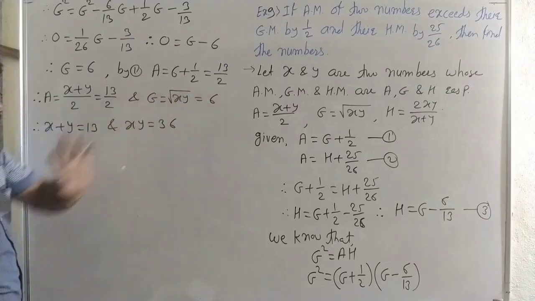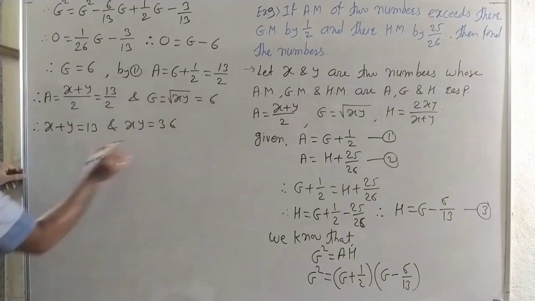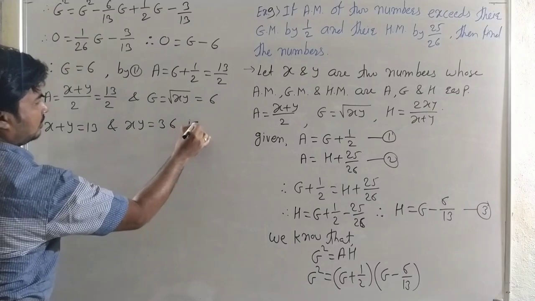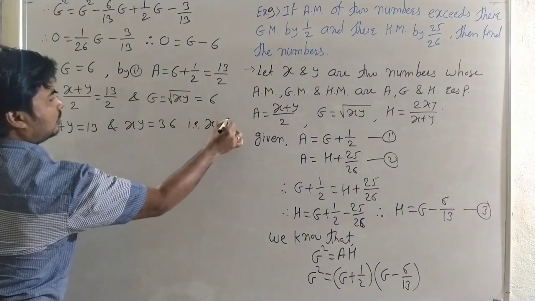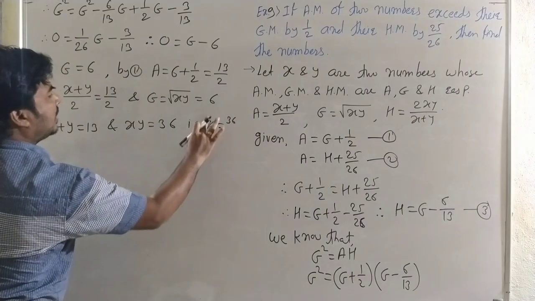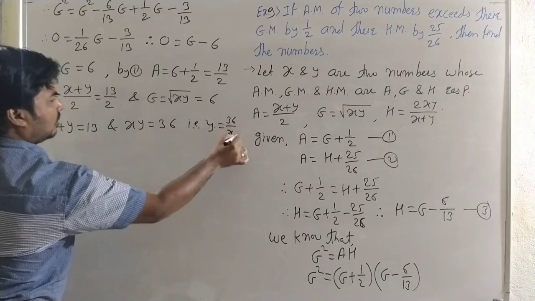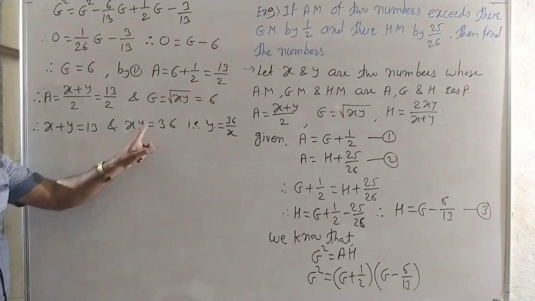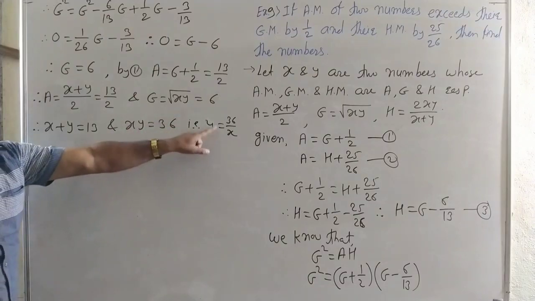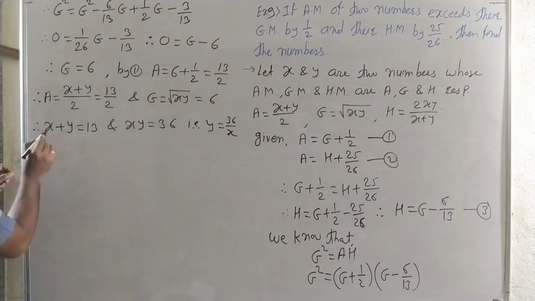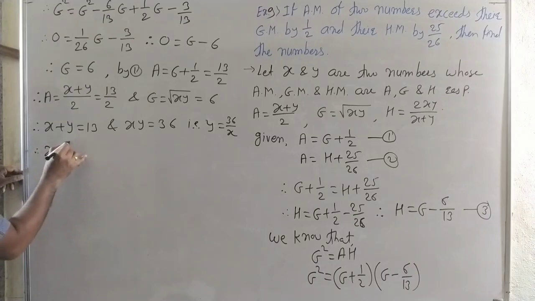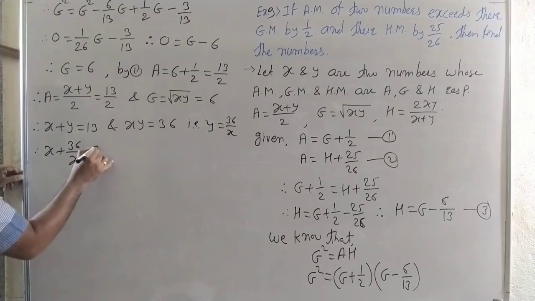Okay, squaring on both sides. Then from this, x is equal to or y is equal to, okay, we can take any value y or x. From this we can write y is equal to 36 by x, and therefore x plus y is equal to 13.